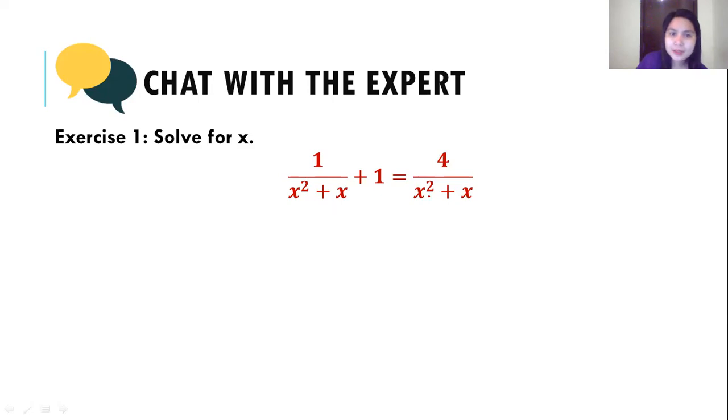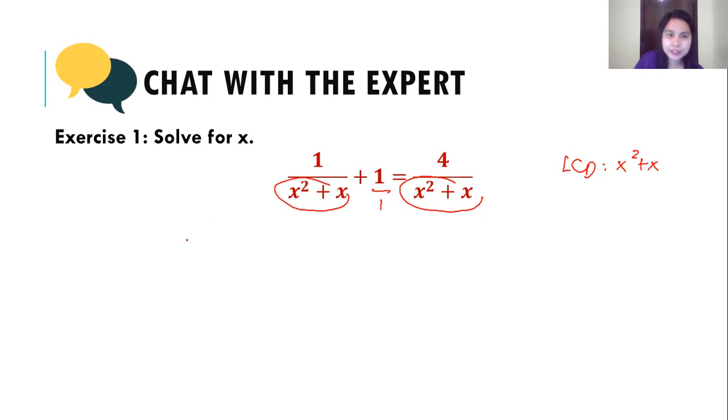You have this one and this. They're just the same, right? So the denominator of this is 1. So our LCD is x squared plus x. It means that we multiply x squared plus x to all parts of the equation.